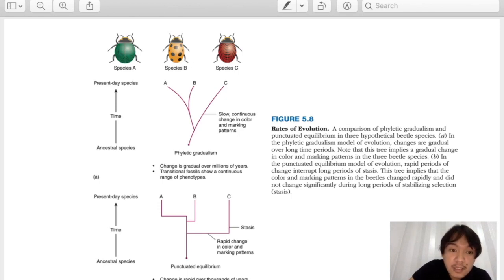So, letter A, in the phyletic gradualism model of evolution, changes are gradual. It happens at a very slow pace. So, ancestral species, through time, through present day species. This letter A is the green one.